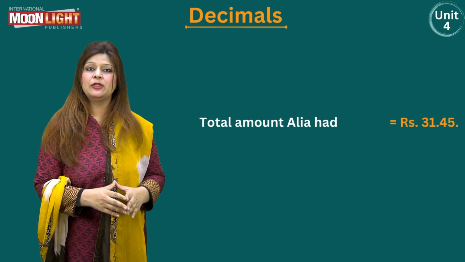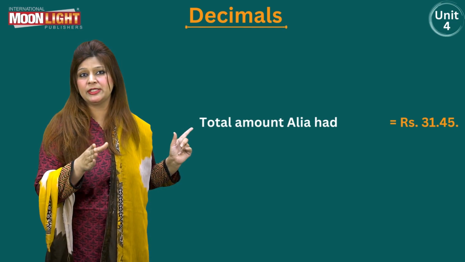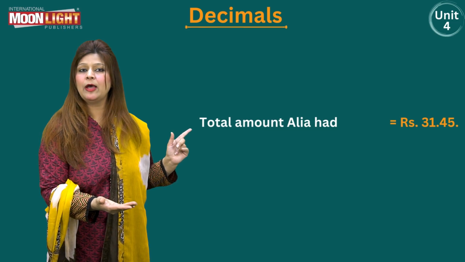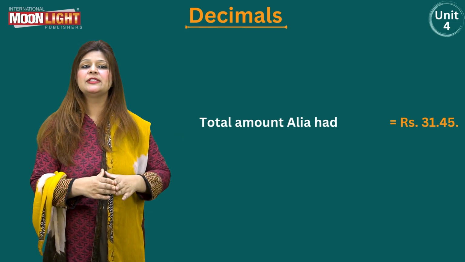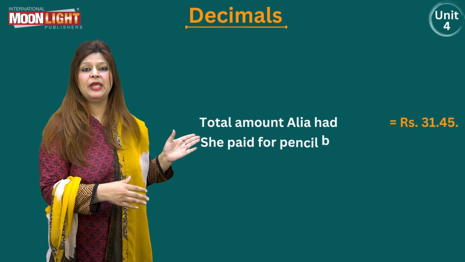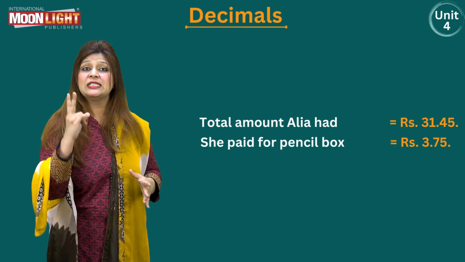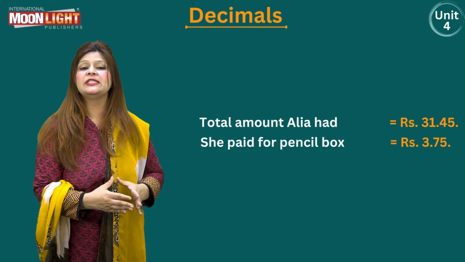You need to remember to write rupees, because we must not forget to write down the units. Whatever units are given, you need to write them down because we will have the answer in the same units. The second statement: amount paid for pencil box is equal to rupees 3.75.